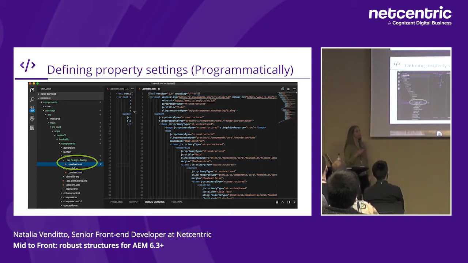For example, much of the complexity we were talking about before that we put in the component edition, we can now put in a policy. What we need to do is, instead of creating a node of _cq_dialog name, sorry, we can create one of cq:design_dialog and put property settings in it in exactly the same kind of syntax. And then we have it as a policy.